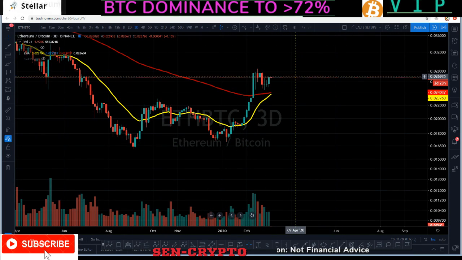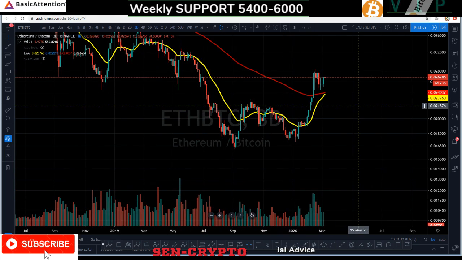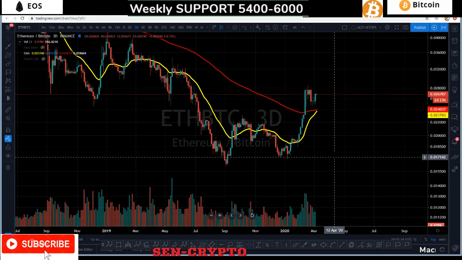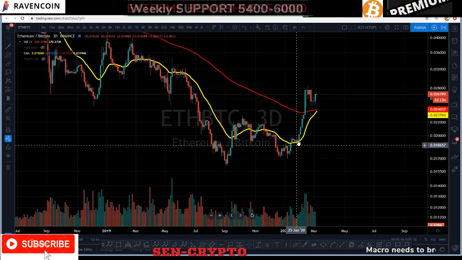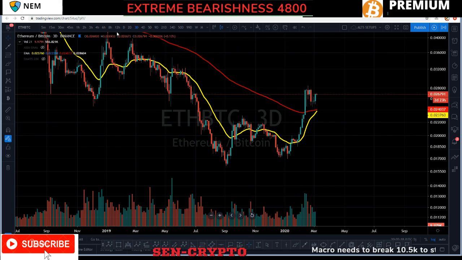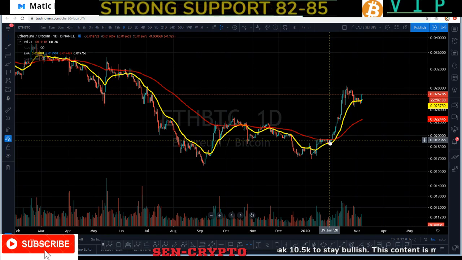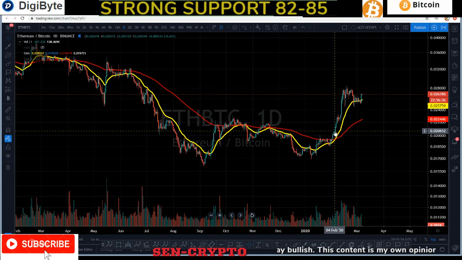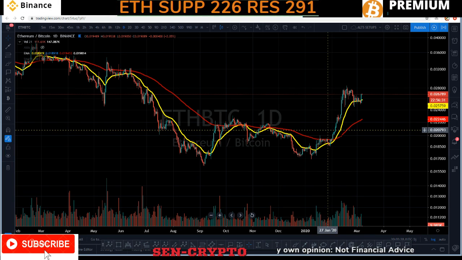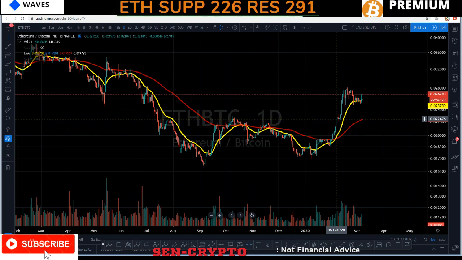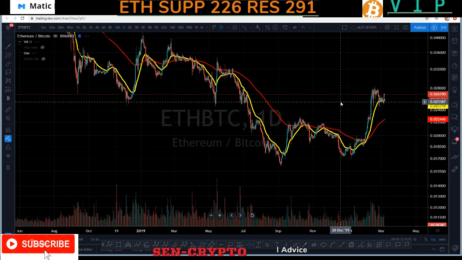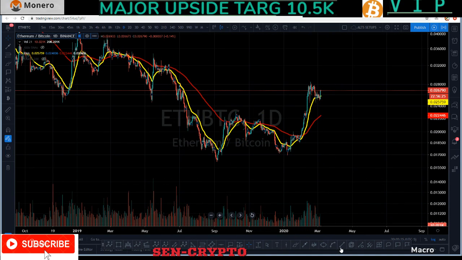We had a massive resistance, and you guys remember I said it, when Ether was just about this area, it was looking very bullish back then. That's when we took the long position, just about the first or second week of February, when Ether was like 190 or something like that.